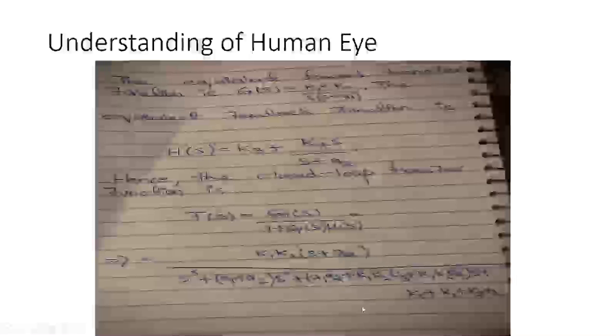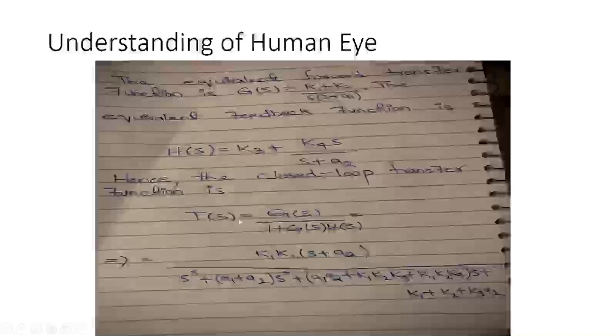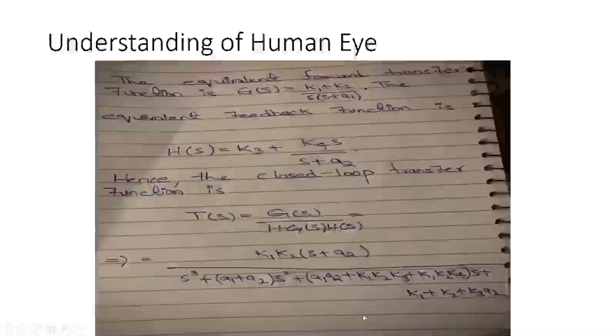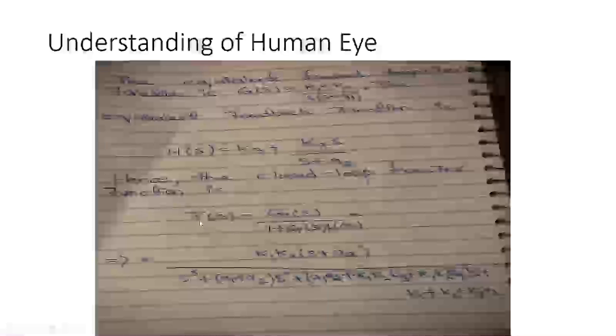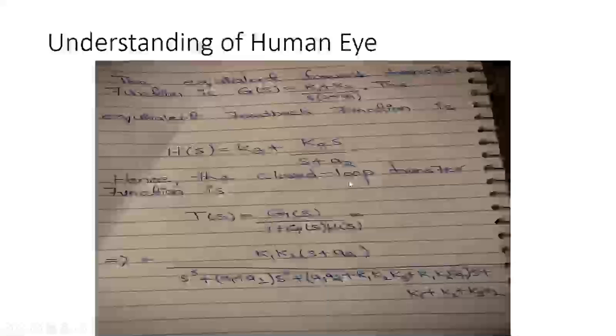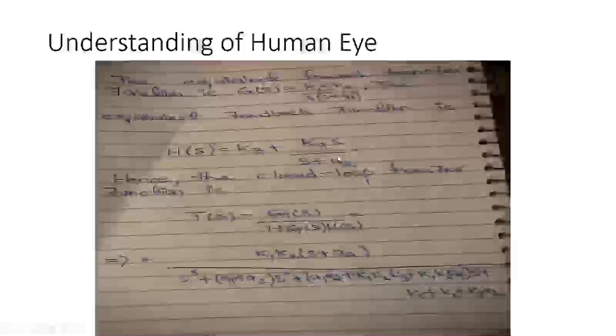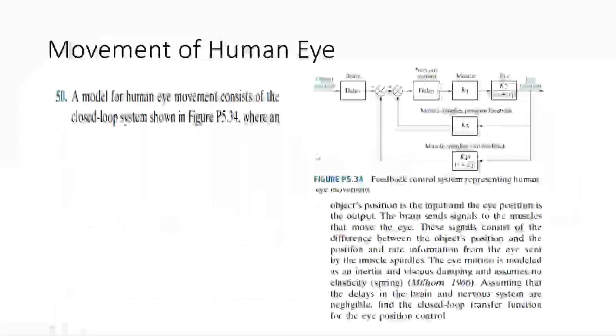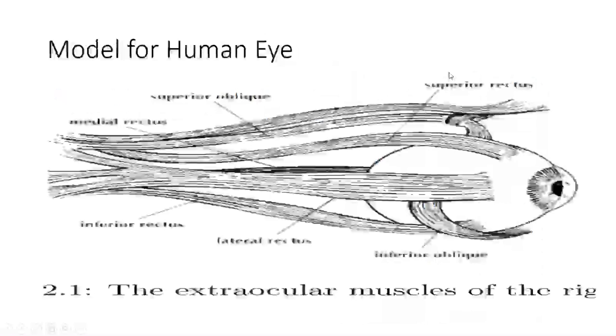So this is our result, which we derive by using the closed loop transfer function formula. This actually comes from this diagram, and in this diagram we remember and understand this closed loop system by seeing the curtain example.